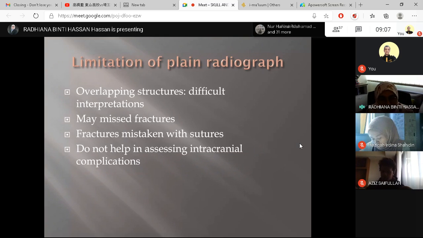But for skull radiograph, there are limitations because of the overlapping structures, so it makes interpretation difficult. You may miss fractures on radiograph, or diagnose sutures as fractures. Okay, we have seen this on many occasions.